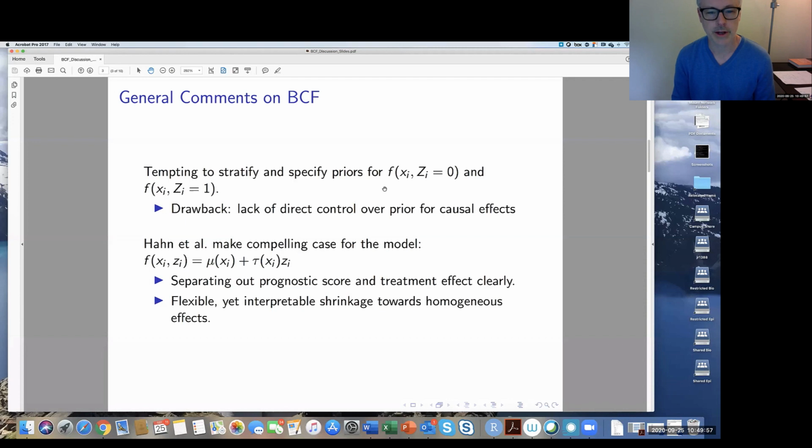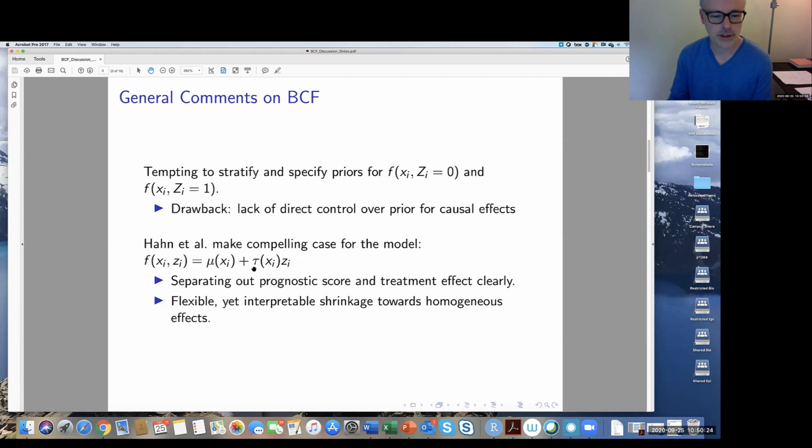It's really tempting to just stratify and use off-the-shelf priors on functions. But as was mentioned, you lack direct control over the prior for causal effects. If you put priors on these stratified functions, it implies something about the prior for the causal effect, but it's not clear what it's implying, and you don't have the same kind of direct control.